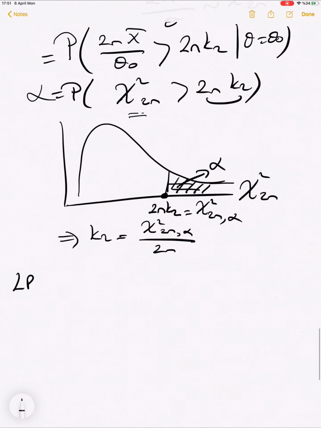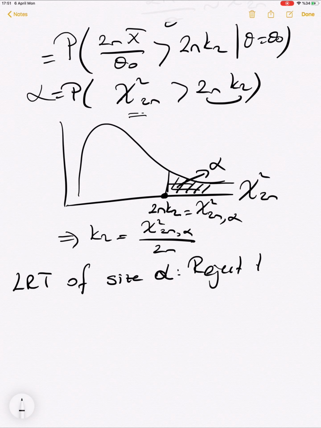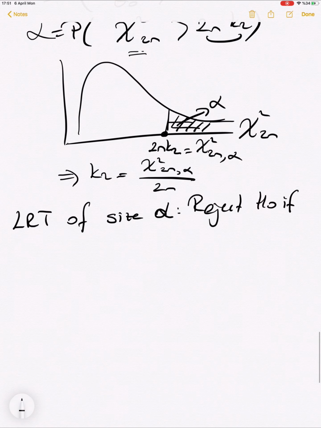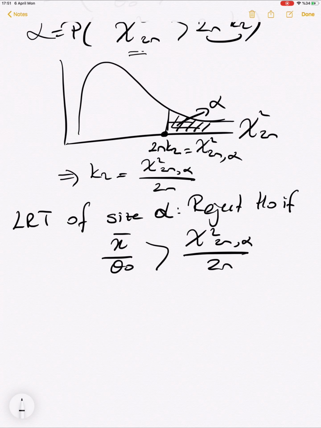So my likelihood ratio test of size alpha, not n, sorry, rejects H0 if x bar over theta 0 is greater than chi-square 2n alpha over 2n.